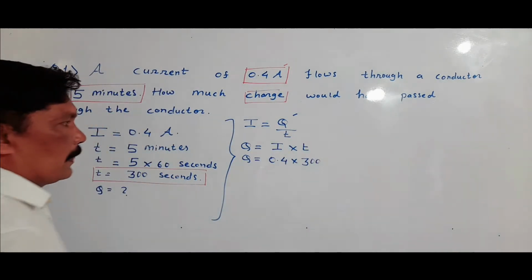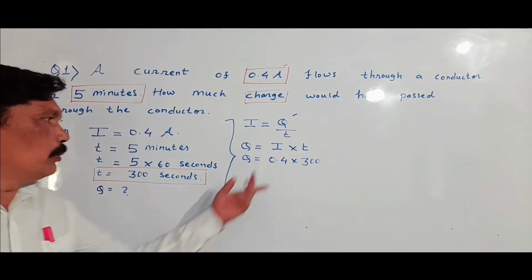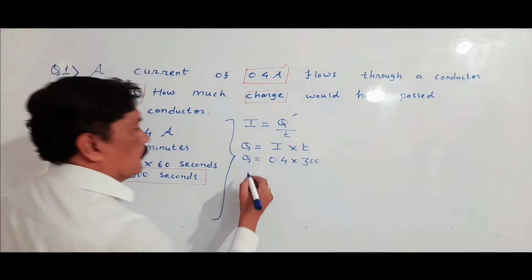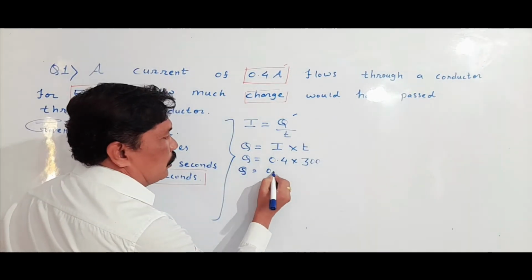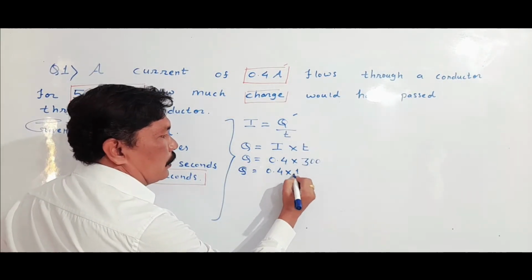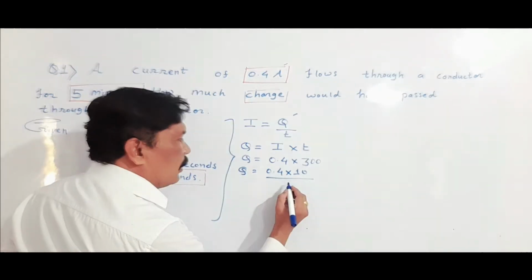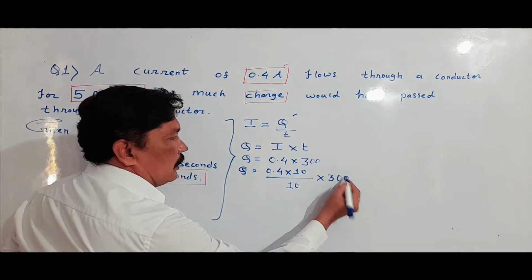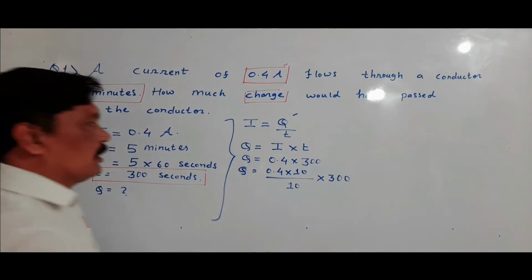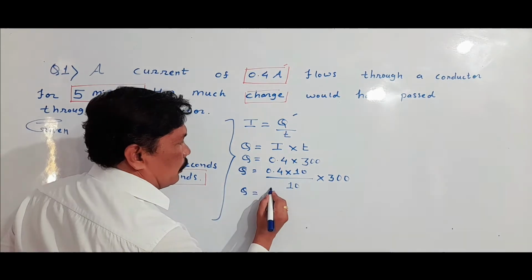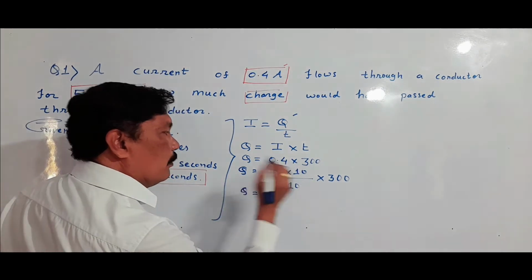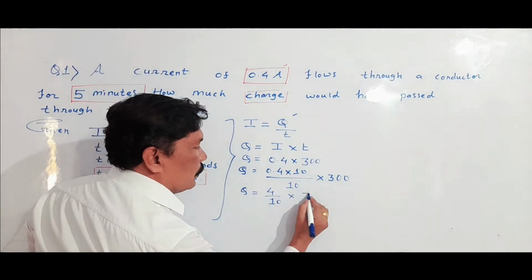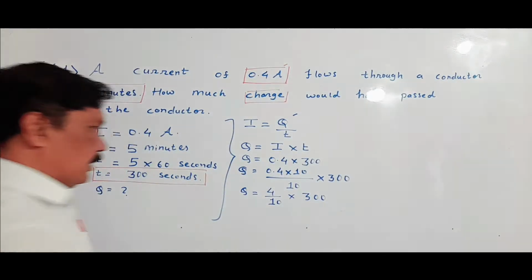Now my dear student, in order to remove the decimal point, we will multiply it by 10. Q is equal to 0.4 into 10, we will divide it also by 10, into 300. By doing this, we have removed the decimal point. So 0.4 will be 4 divided by 10 into 300.